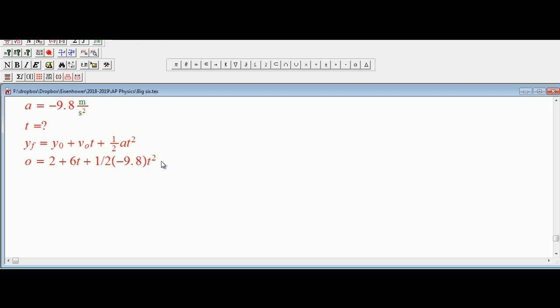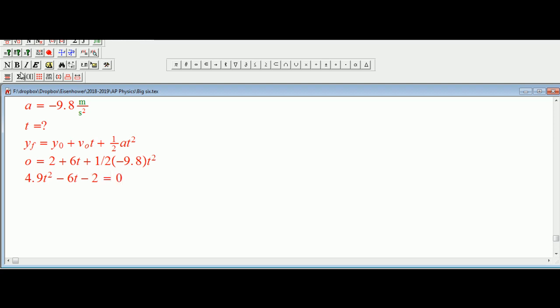Let's go ahead and clean this up a little bit. Anytime I do a quadratic equation, I like everything to be on the left. So I'm going to take this piece right here that's highlighted, negative 4.9, and when it crosses the bridge, it becomes positive 4.9 t squared, minus 6t, minus 2, equals 0.